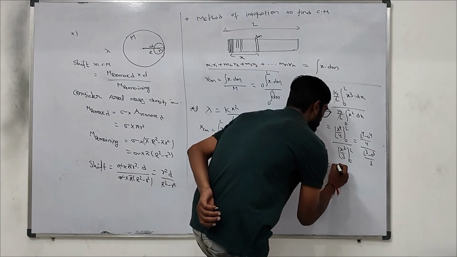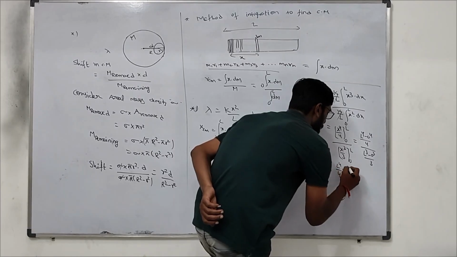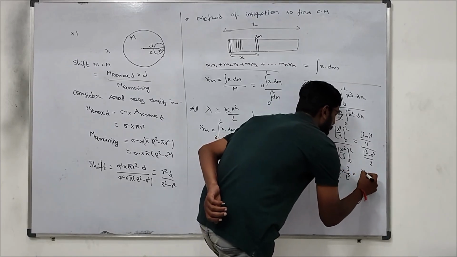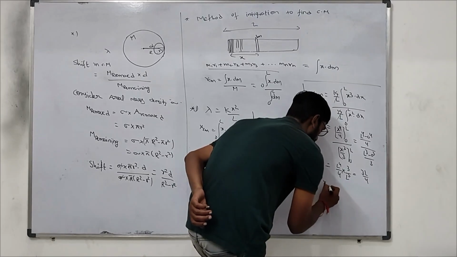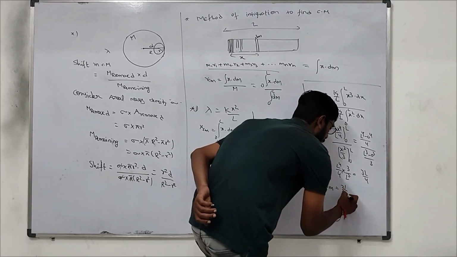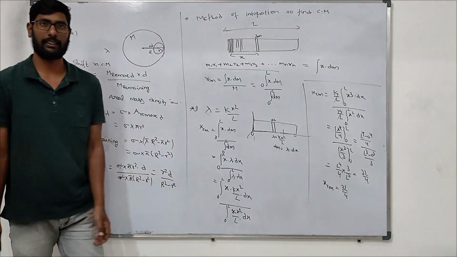So that means L power 4 by 4 into 3 by L cube. So x_cm equals 3L by 4. So that is how you find the center of mass.